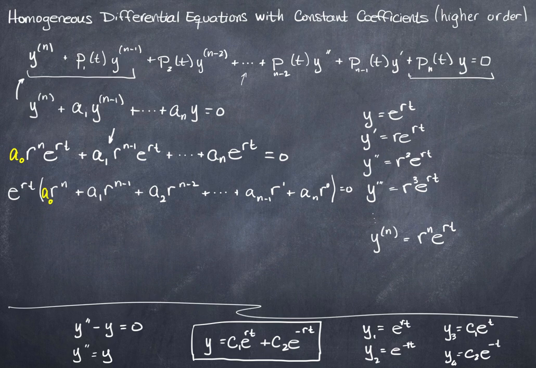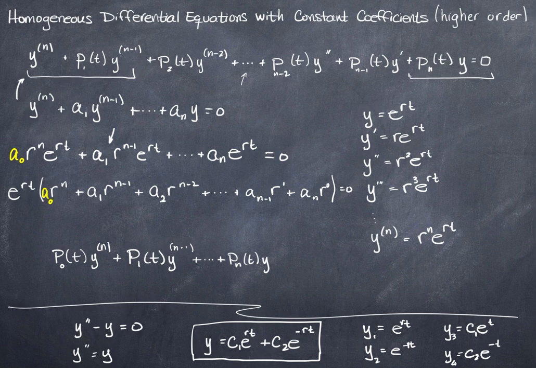But again, I'll just remind you that I can take p sub 0, whatever p sub 0 is here, and divide the whole thing through by p sub 0, leaving me with, just from previous examples, p sub 0 of t times the nth derivative plus p sub 1 of t times the n minus 1st derivative, plus and so on down to p sub n of t times y, the 0th derivative of y.